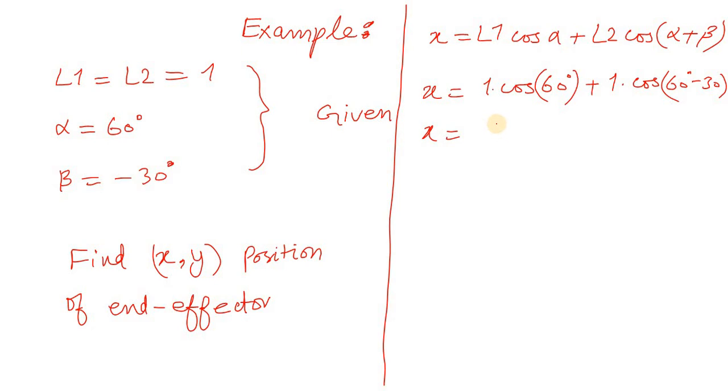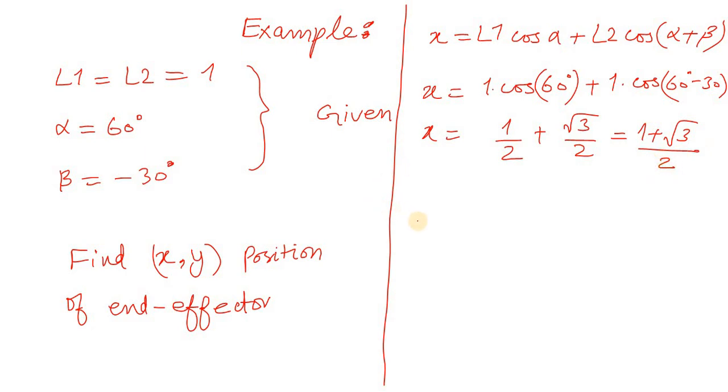The value of cosine of 60 degrees is 1 by 2, plus, 60 minus 30, what is the cosine of 30? It's under root 3 by 2. So x is equal to 1 plus under root 3 by 2.